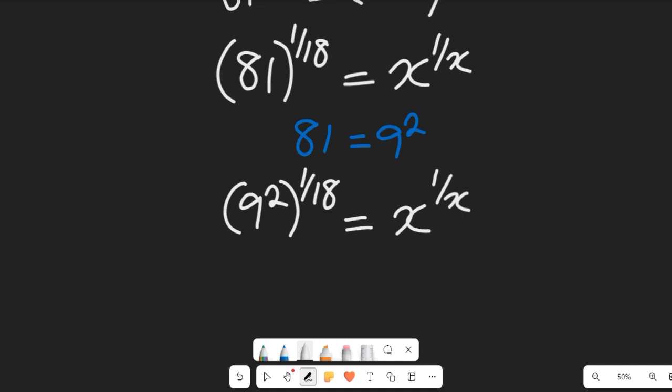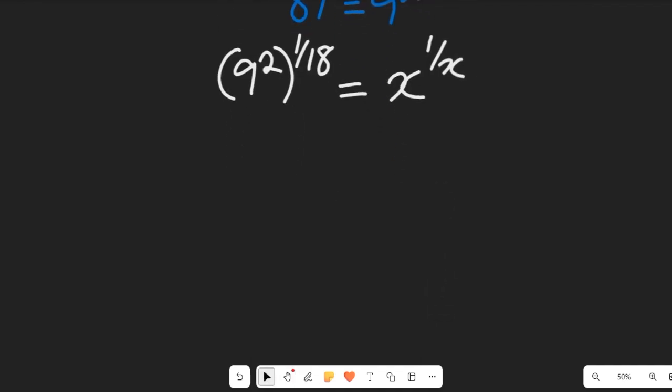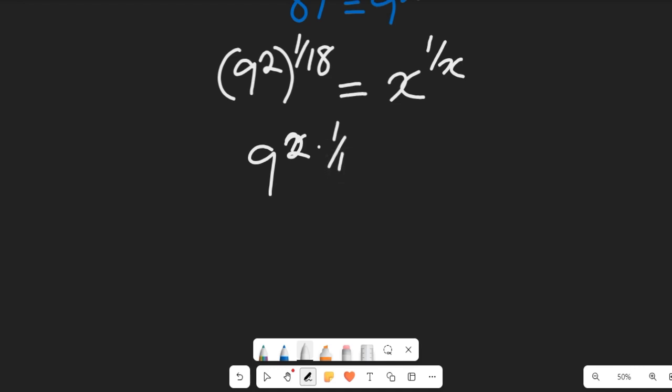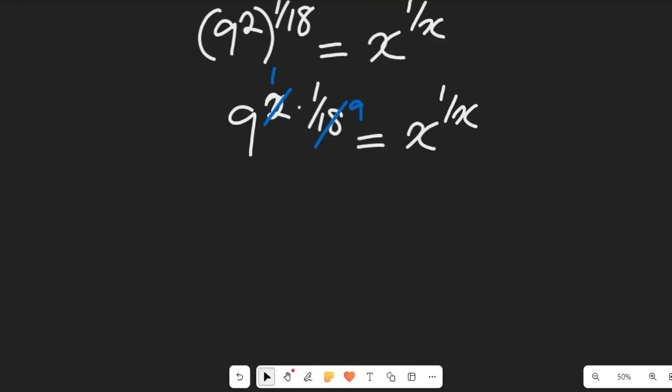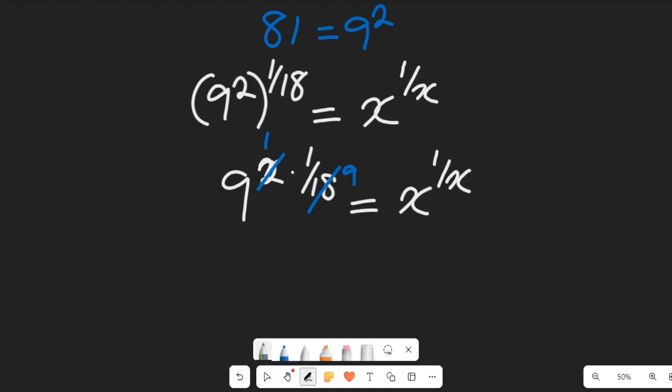Now, considering the laws of indices, 2 multiplying 1 divided by 18, 2 into 18 is going to give us 9. So that expression is now going to give us 9 to the power of 1 divided by 9 equal to x to the power of 1 divided by x.